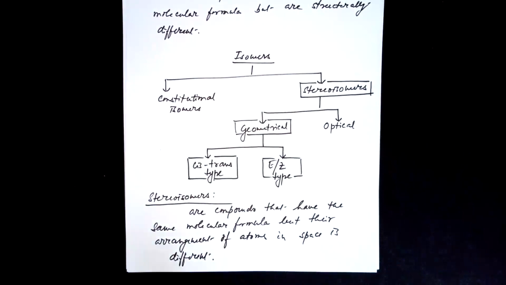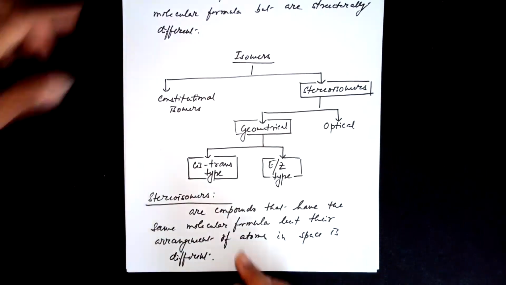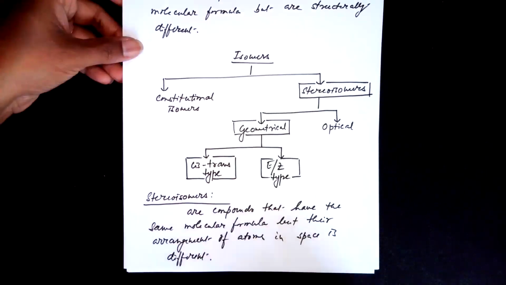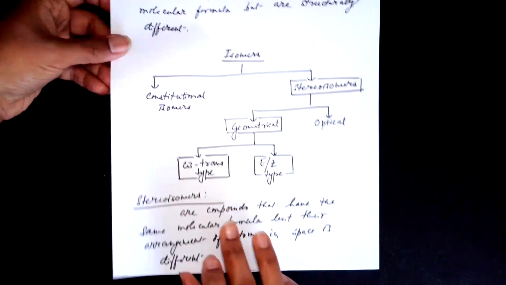What does that mean? Let's look at some examples, and I'm sure things would start making more sense when you actually see examples. Let's start with the cis-trans type of geometrical isomers, stereoisomers. So for the cis-trans type of isomers, let me give you the structure of a compound and explain with the help of that.